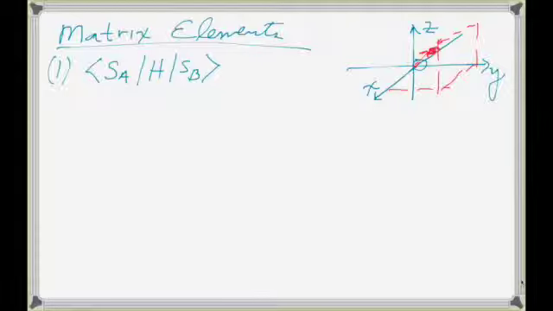Sorry, it's the best I can do. But s orbitals are spherical. They don't care. Any matrix element between them is only a function of the distance between the 2 orbitals. There's no sign involved. So this is still equal to our V_ss sigma. And if you look up in tables, you can find these values for silicon and all the common semiconductors.